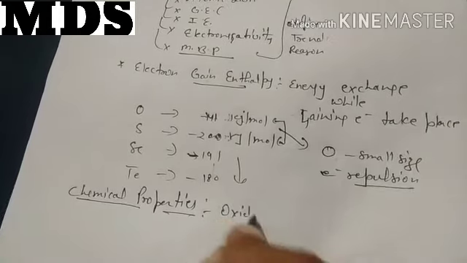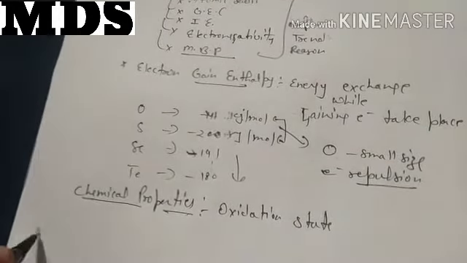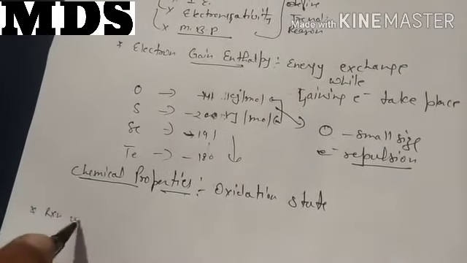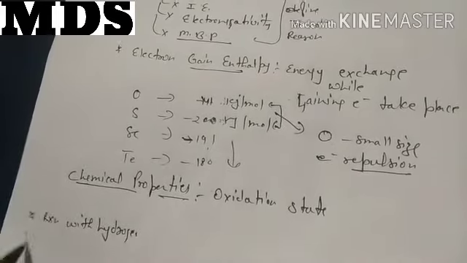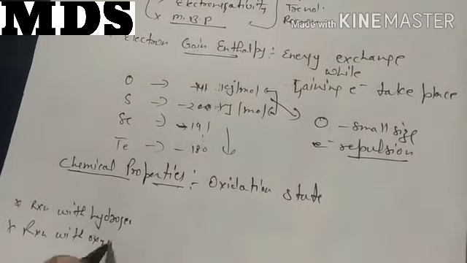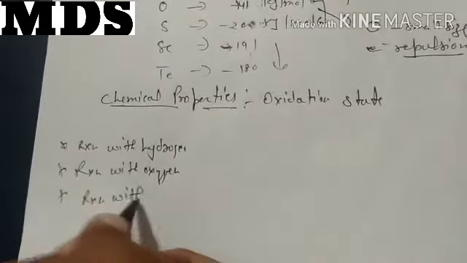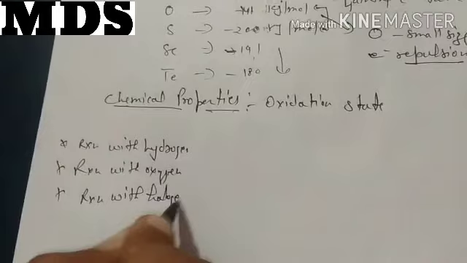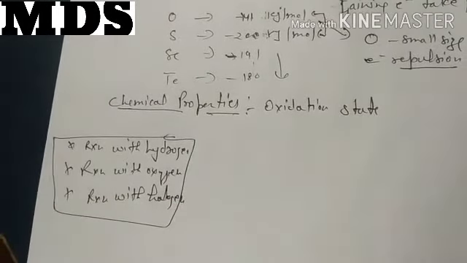The first one is oxidation state, and the others are reaction with hydrides, or you can say hydrogen, reaction with oxygen, and reaction with halogens.